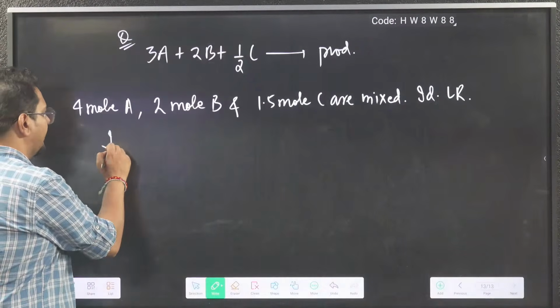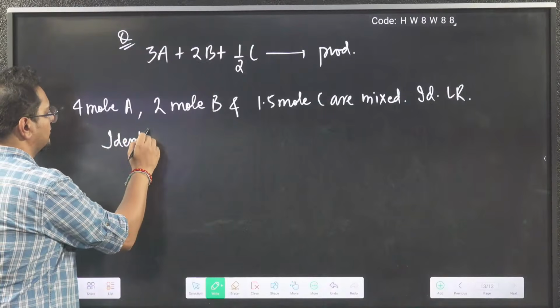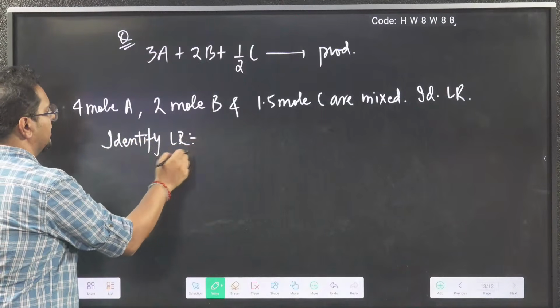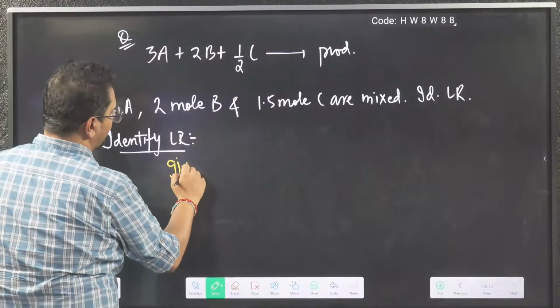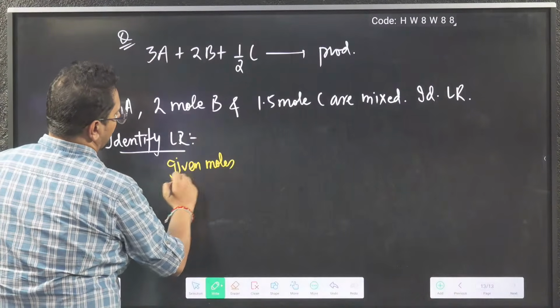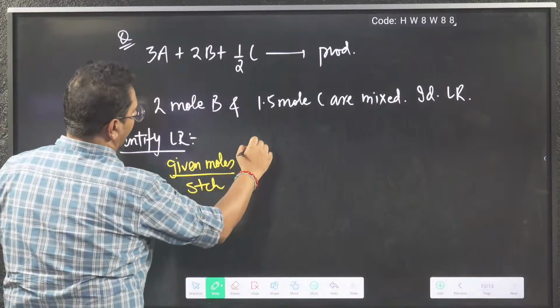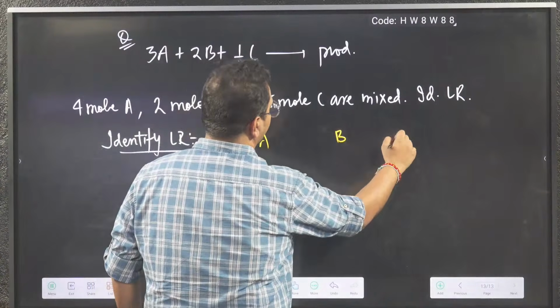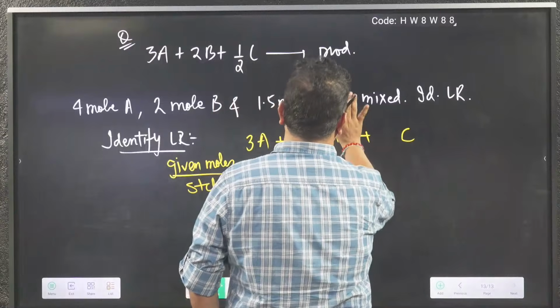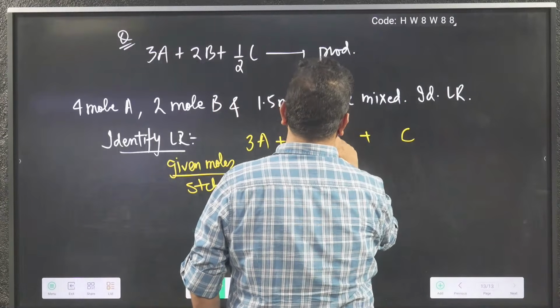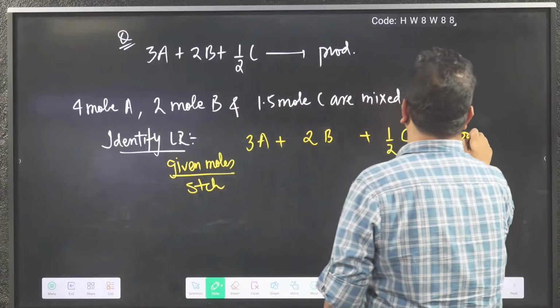Sir, for identifying the limiting reagent, I will take given moles by stoichiometry for A, B, and C. There are 3A, 2B, and half C giving us product.